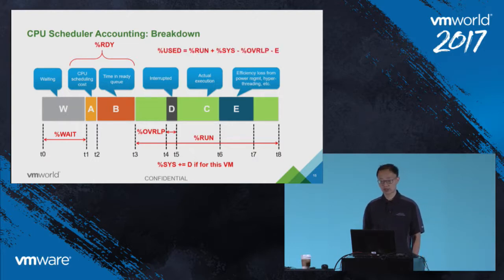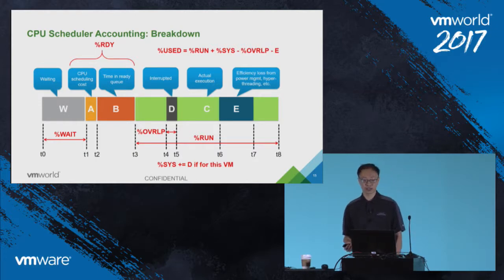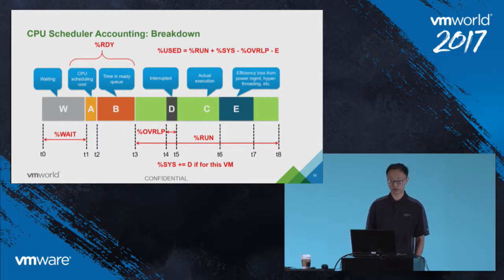So adding all these together, what used equals is run plus system time minus the overlap time, adjusted by the frequency loss. Now notice the E here. In the case of turbo mode, you don't have an efficiency loss. You have an efficiency gain because you're at a higher frequency. In those cases, the E will be a negative value, indicating a gain on top of the used time.